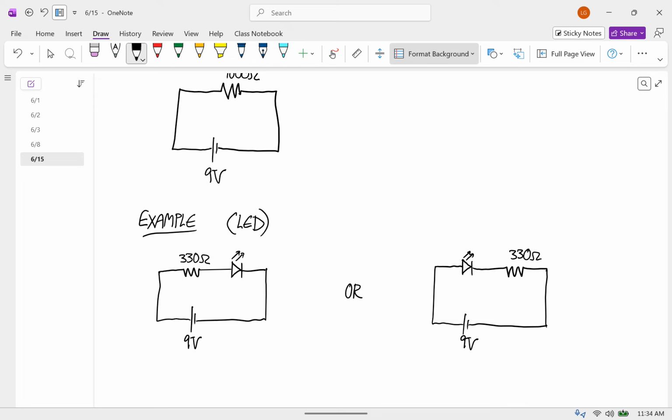Okay, so what I didn't tell you yet, and this is important, is that I said LEDs only allow current to flow in one direction. So when you look at the actual LED, how do you know which direction allows current and which one stops current? There are two ways to do it.